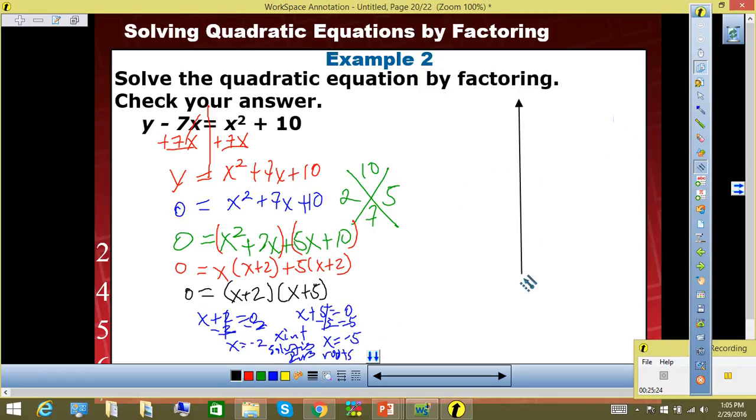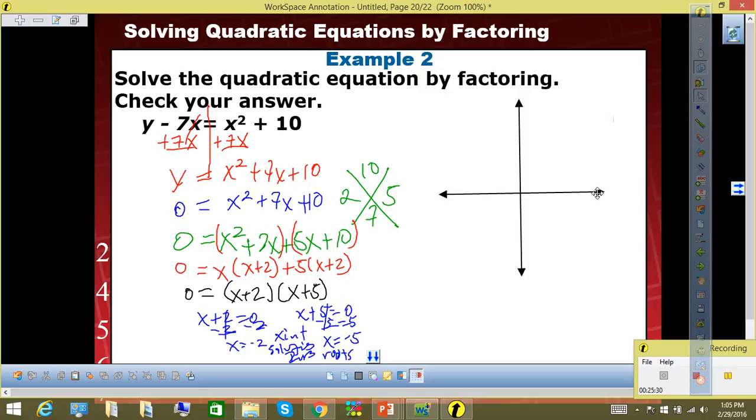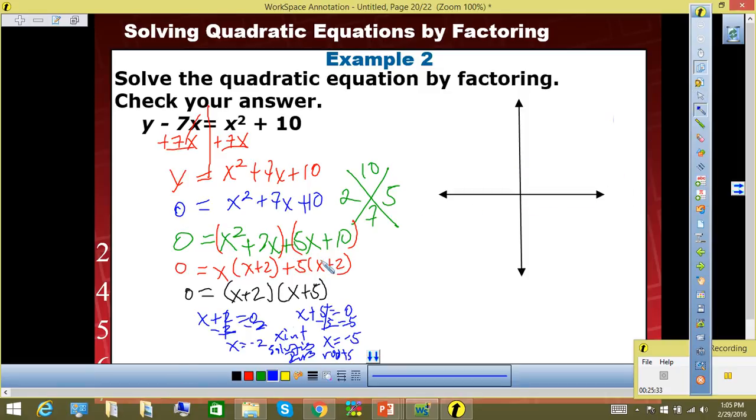All right, let's graph this. Tell your neighbor the y-intercept, please. Very good, 10. And my x-intercepts are -2 and -5.